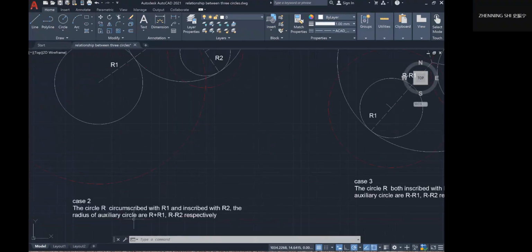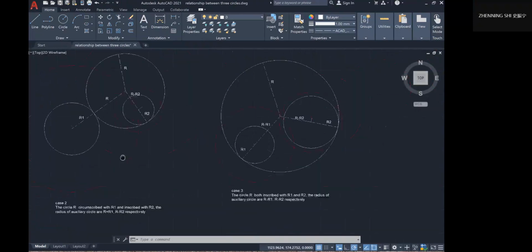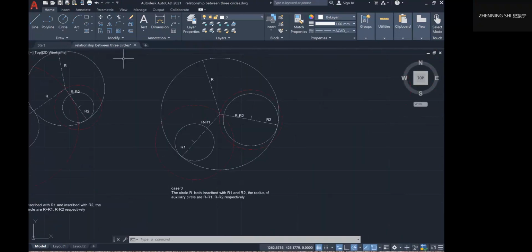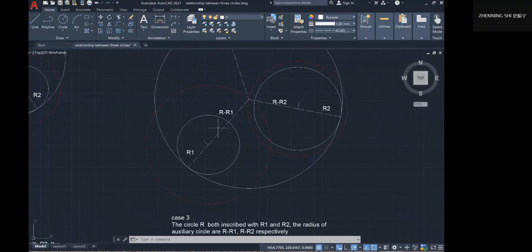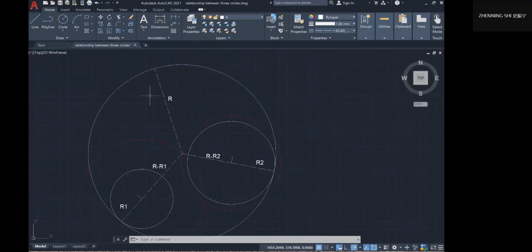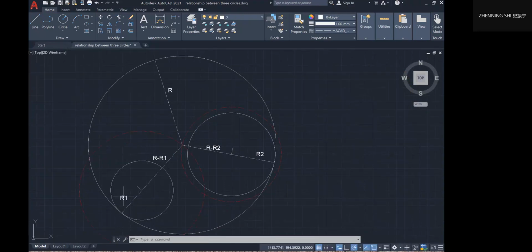The inscribed with R2 and circumscribed with R1. And the third one is both inscribed with R1 and R2. So how can we find it? So now R is a big one, then R1 and R2.